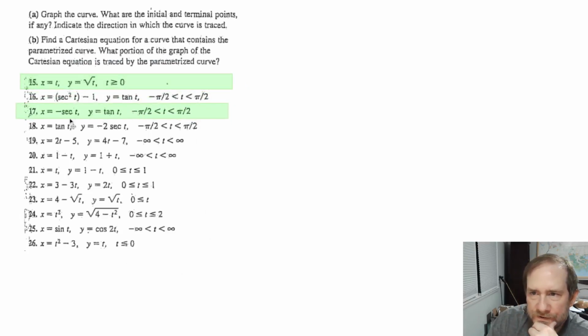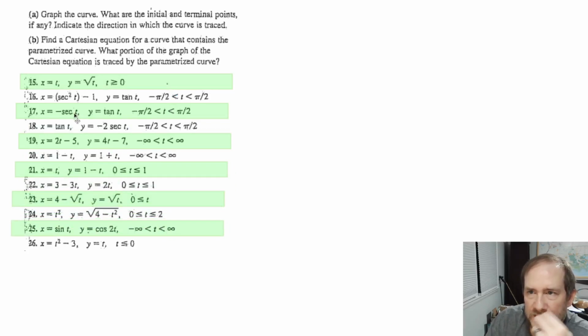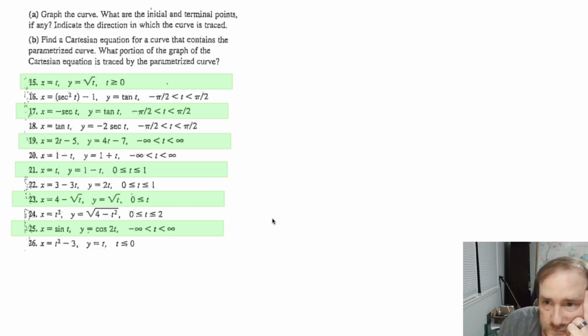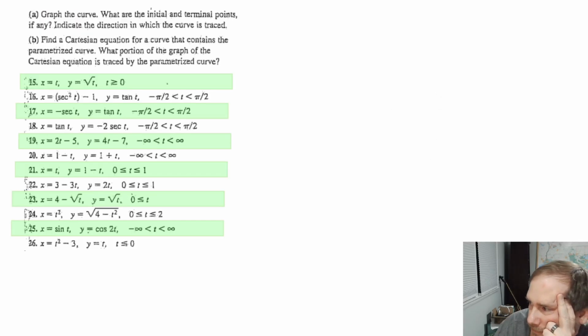But we'll certainly do the secant tangent ones and whatever else is kind of weird. Whatever other ones we haven't had a lot of practice with, I'll try to go through. Alright, so something like 15, I would like to think you don't need any help with. But I'm going to do it anyway, I guess, just because it's a good starting point.